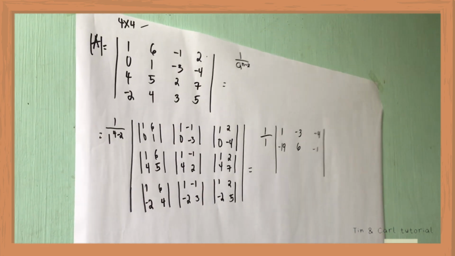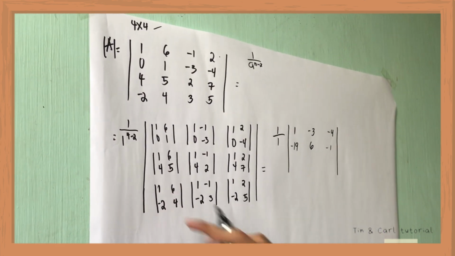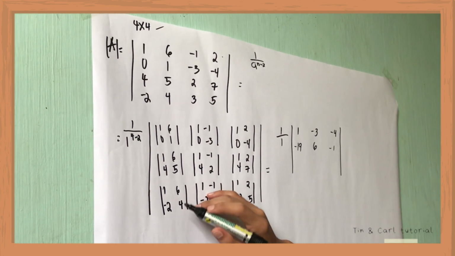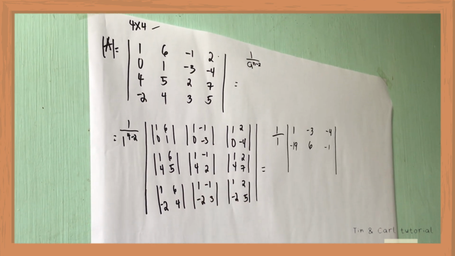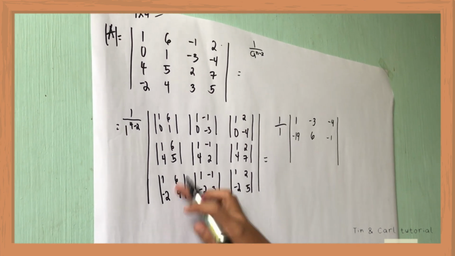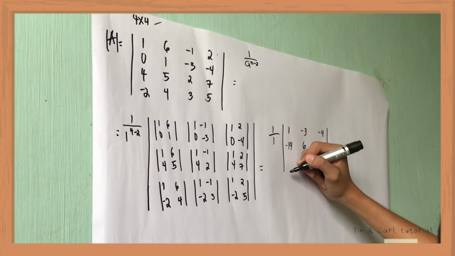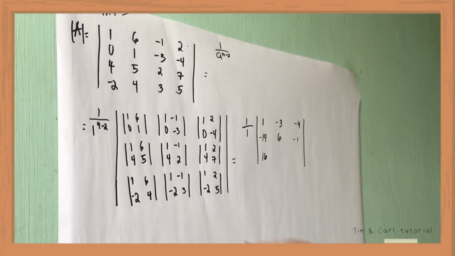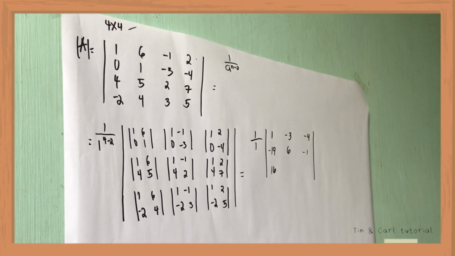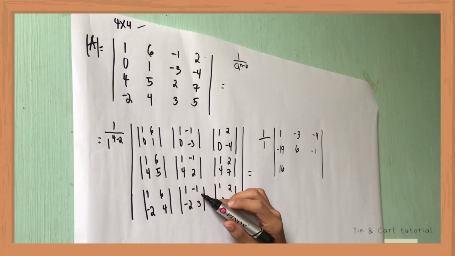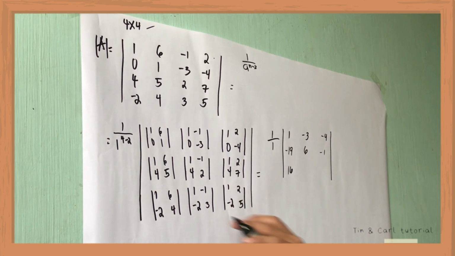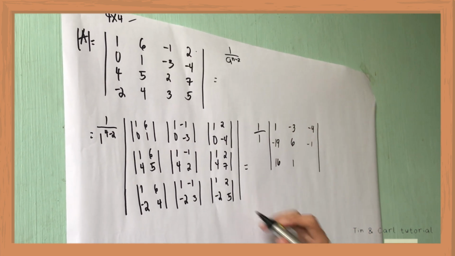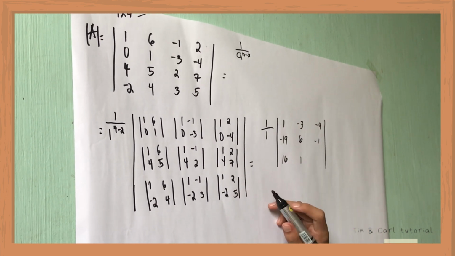4 multiplied by 1 is 4. 6 multiplied by negative 2 is negative 12. Multiply by negative kasi isa-subtract mo. So, magiging positive. 4 plus 12 is 16. 3 multiplied by 1 is 3. Negative 2 multiplied by negative 1 is positive 2. 3 minus 2 is 1. 5 multiplied by 1 is 5.